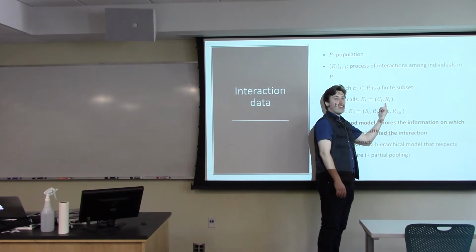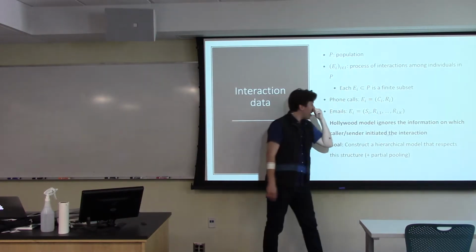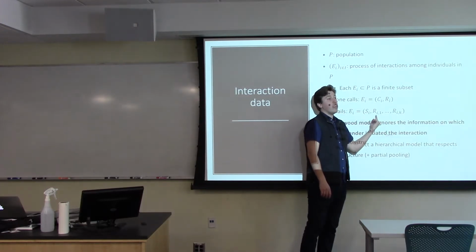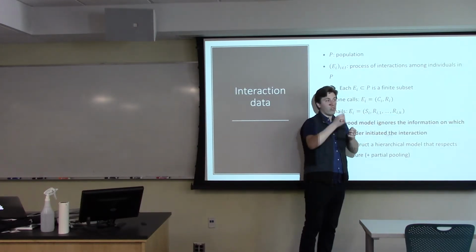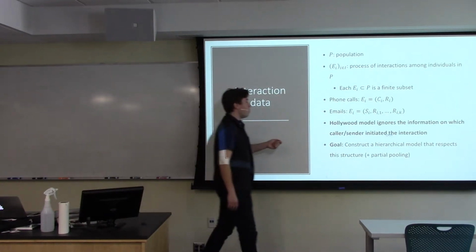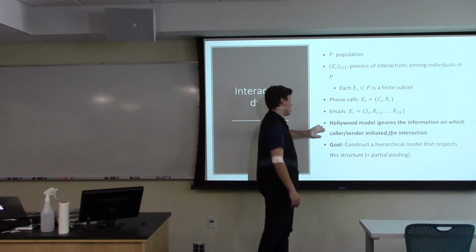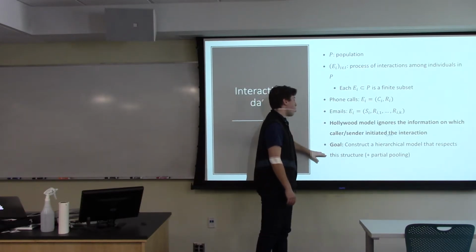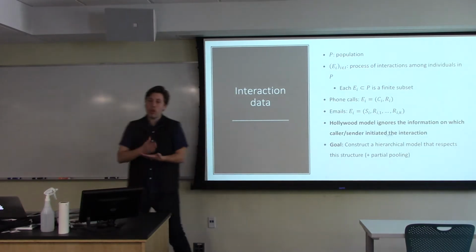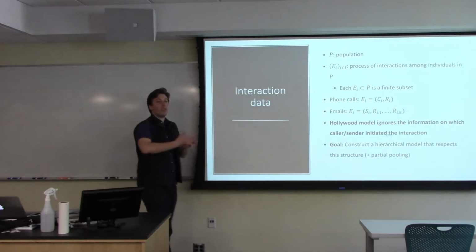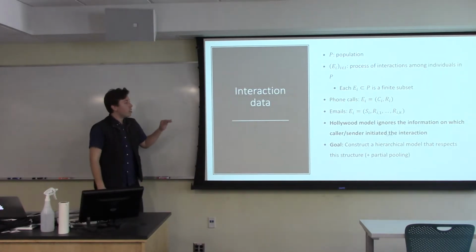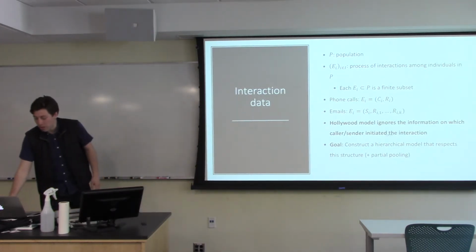So you want to take into account that there is a potential relationship between a given sender and certain receivers, not the way the Hollywood model works where you have IID picks from that distribution. The Hollywood model ignores that information, and we want to incorporate it, but in a way where we're partially pooling this information, because we don't want to build a Hollywood model for each sender, or for each caller have different ones. The last part of this talk is all about how to do that.